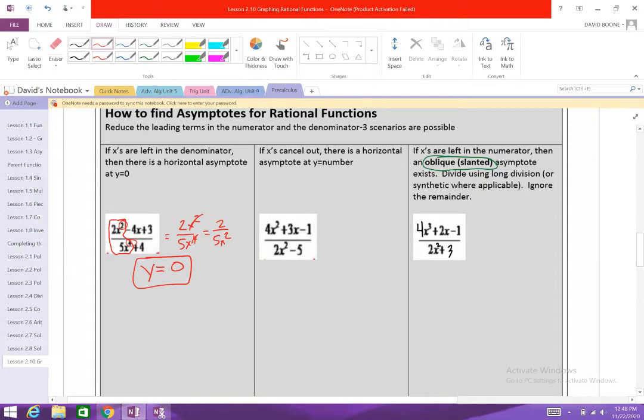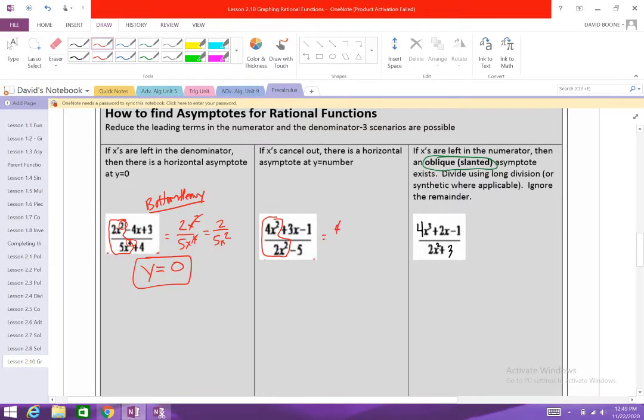Anytime, again, the denominator's degree is larger than the numerator, sometimes we call this just bottom heavy. So if you're bottom heavy, your asymptote will be at y equals 0. Here, again, we're looking at the highest degree for each of these expressions in the numerator and the denominator.